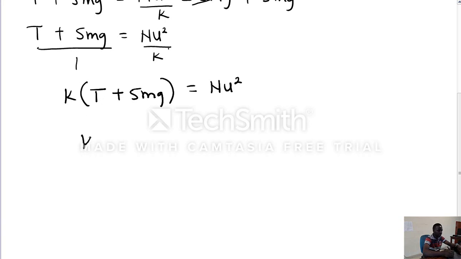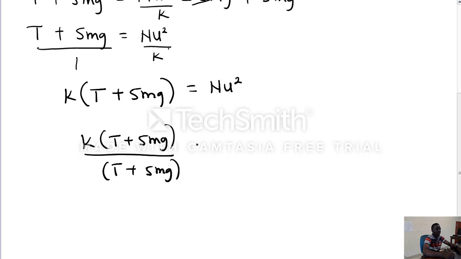So dividing both sides by bracket t plus 5 mg, we have n u squared over t plus 5 mg.